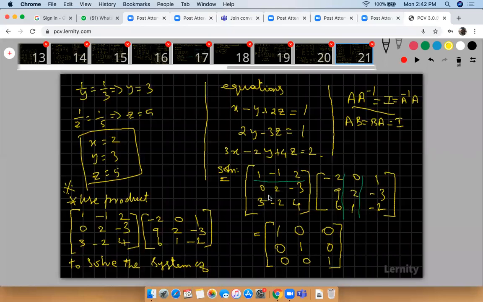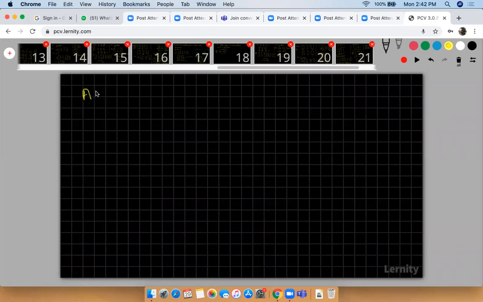Why? Because this coincides with the coefficients of this system of equations. So here A into A inverse is equal to identity.